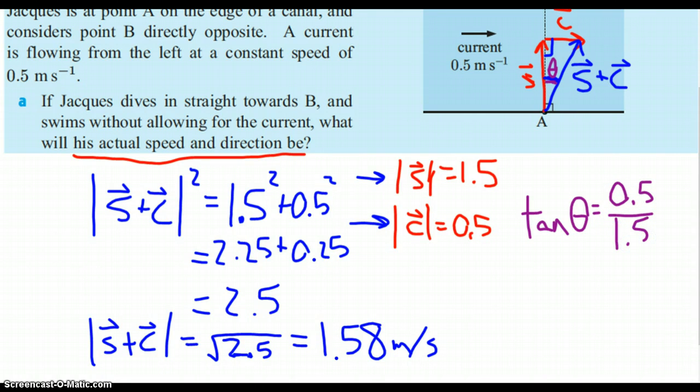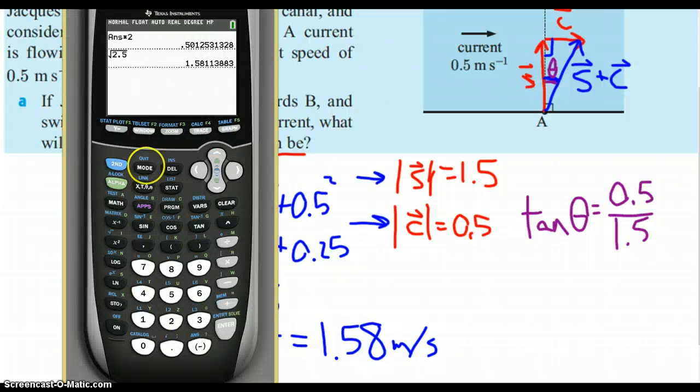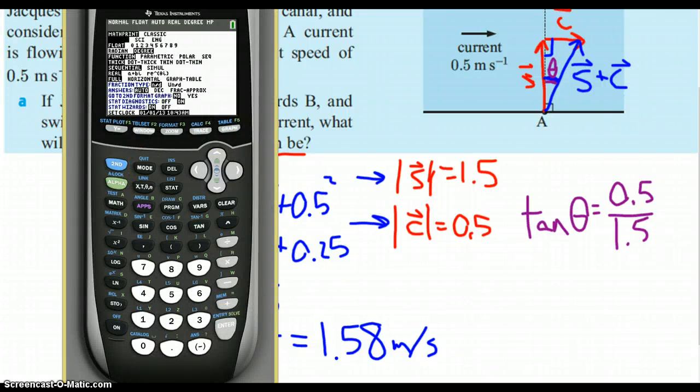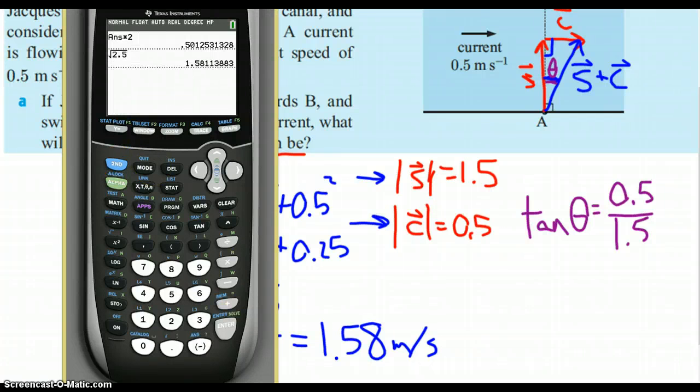This is again opposite over adjacent. So now we need to take the inverse tangent, and we'll do it in degrees. So I'll make sure I'm in degrees. I am. And I need to do the inverse tangent of 0.5 over 1.5 is 1/3, so I'll just punch it in that way.